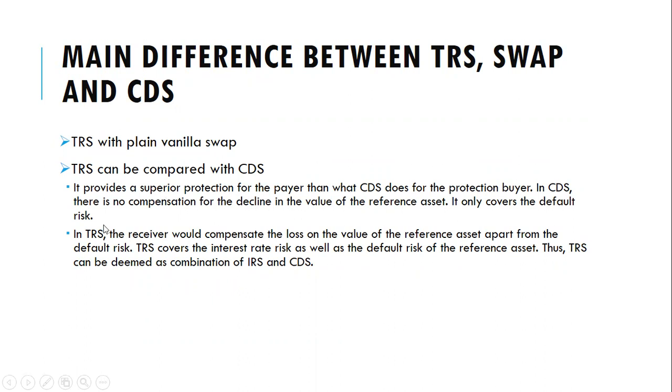and in CDS there is no compensation for a decline in the value of the reference asset, and most of the time it is fixed but based upon the nominal value. But in TRS, if there is any decline, that decline will be compensated by the seller. Similarly in TRS, the receiver would compensate the loss of value of the reference asset apart from the default risk, which is always advantageous.